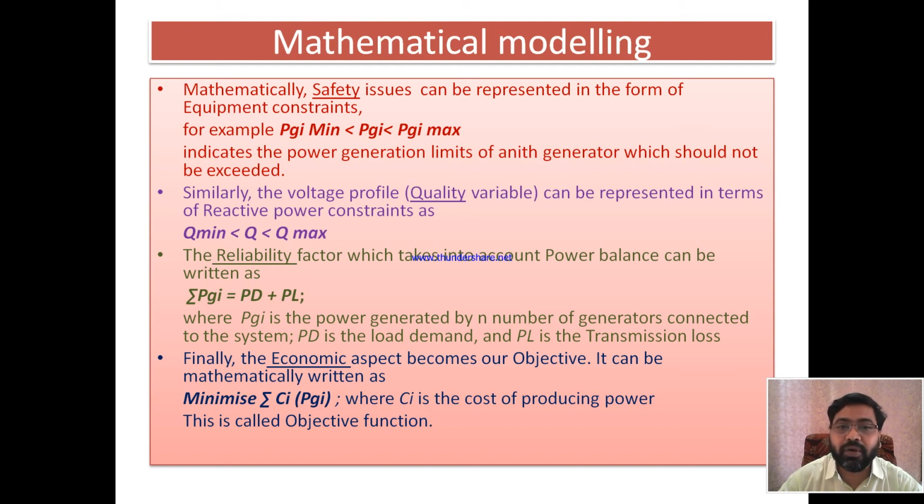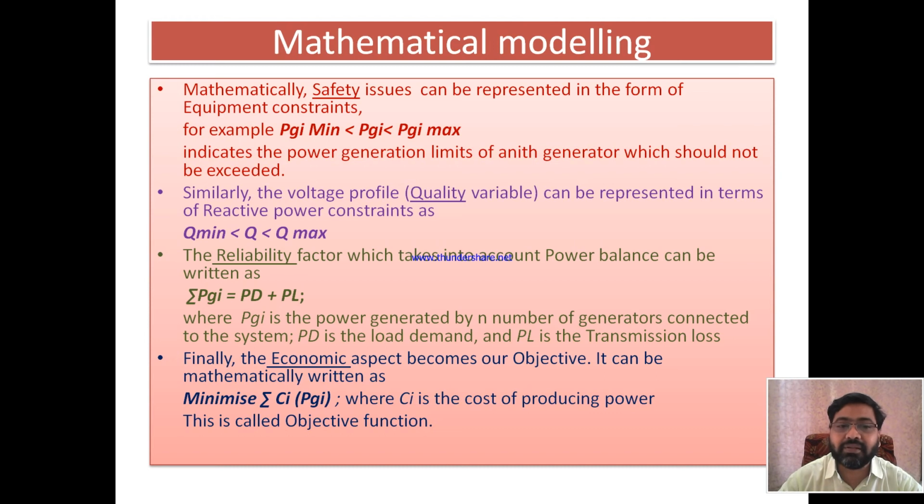Similarly, the voltage profile, which is the quality variable, can be represented in terms of reactive power constraints as Q min less than Q less than Q max, where Q is reactive power. The reliability factor, which takes into account power balance, can be written as summation of PGi equals PD plus PL.